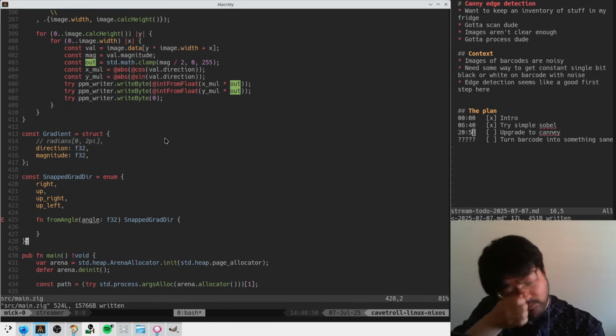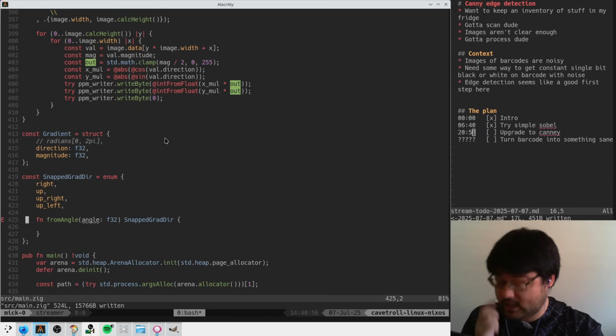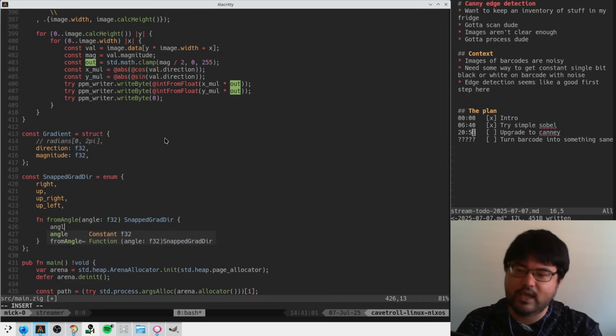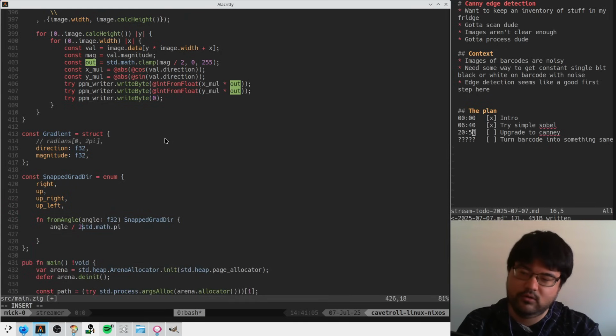So what does this do? I'm thinking. Do we just divide angle by 2 pi? So this will give us normalized.